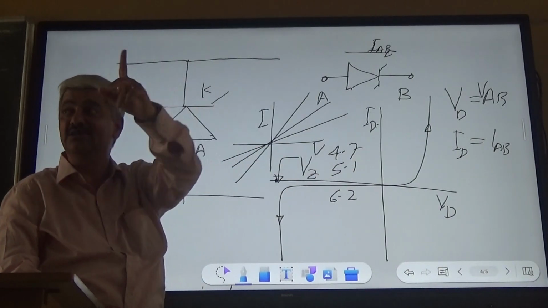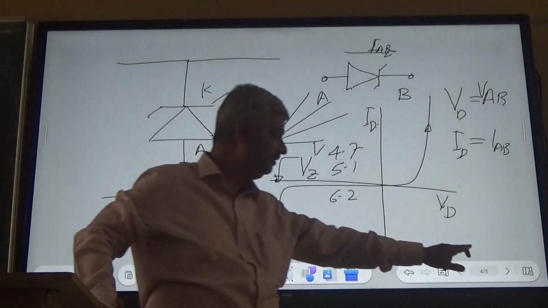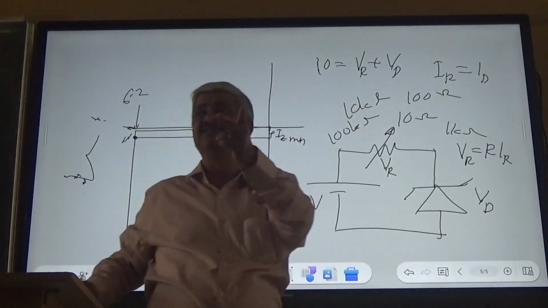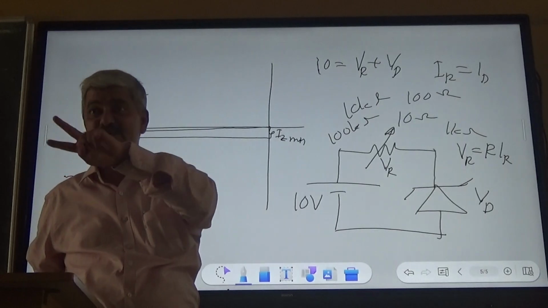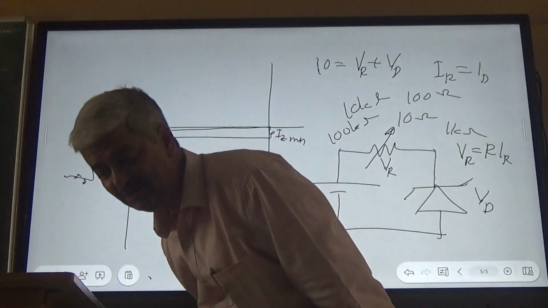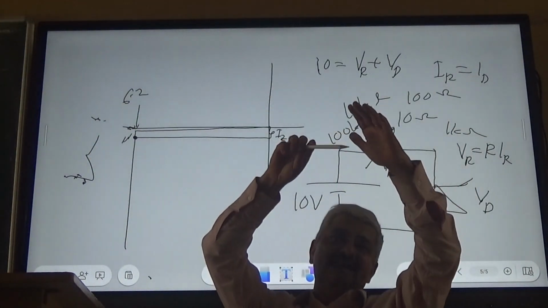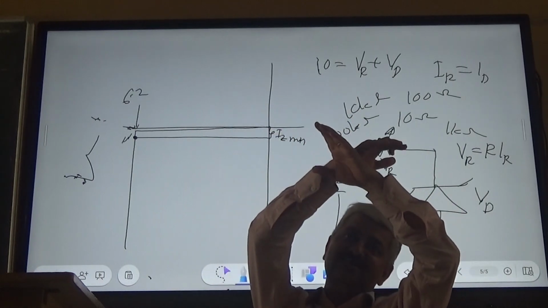So can you solve graphically? I think in high school you might have solved simultaneous equations graphically. Do you recollect? Solving two simultaneous equations graphically means you plot each equation as a line and the intersection is the solution.